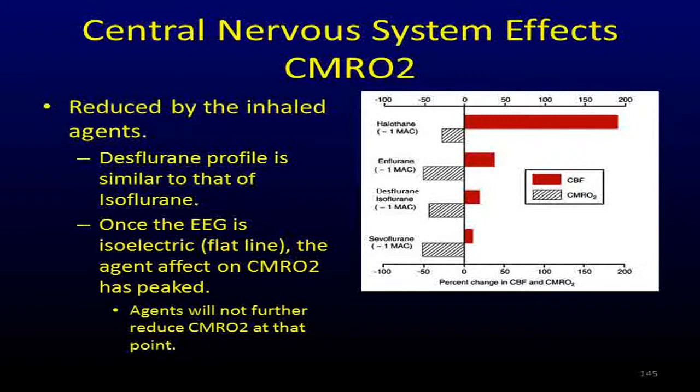That's neuroprotective. Okay? Anyone here used EEGs? You start to give these agents, and they will cause isoelectricity on the EEG, meaning a flat line, meaning that you've reached your maximum effect of your inhaled agents.